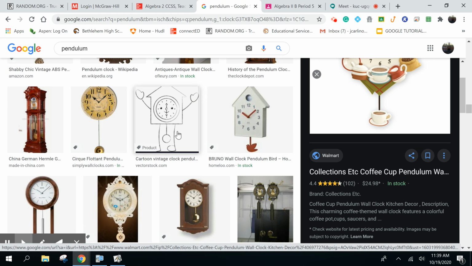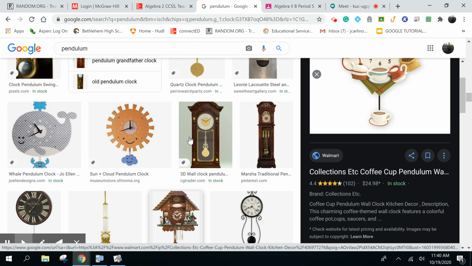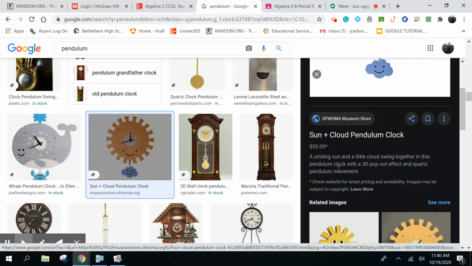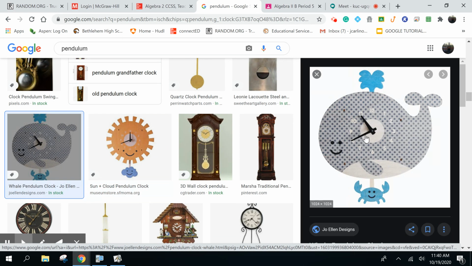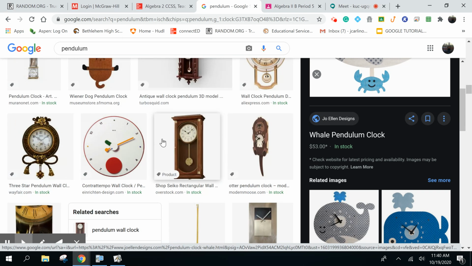Oh, look at that, huh? A couple pendulums. Right there. Where was the whale? Oh, there it is. The whale with the little crab down below, the sun and the cloud. Oh, that's kind of cute. Yeah, it's beautiful. Not the whale. Ooh, 55. Ooh, wow. Is that Etsy? No? That's pricey. It's a museum. 53. All right.